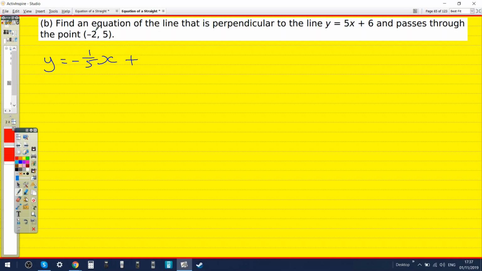That would be true if this went through 0, 5. It goes through minus 2, 5. So its y-intercept isn't at 5. It might be higher up or lower down. How would you do that? I'm not too sure at this point. You sub that coordinate into the equation. Yeah.